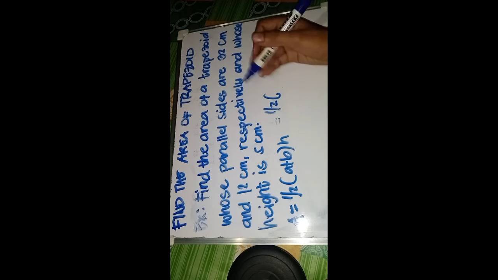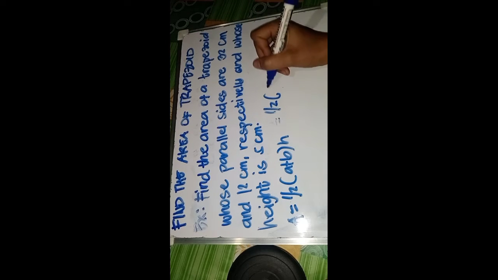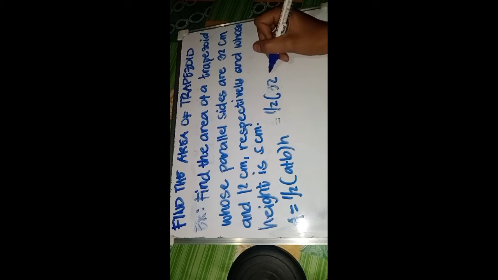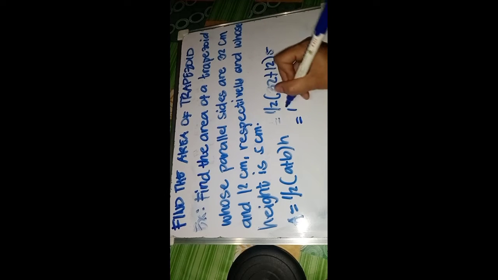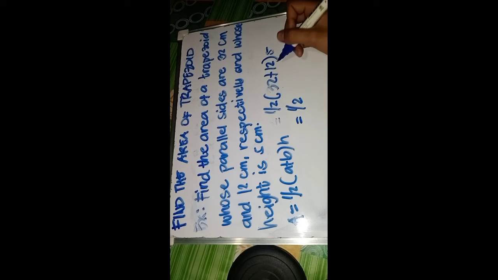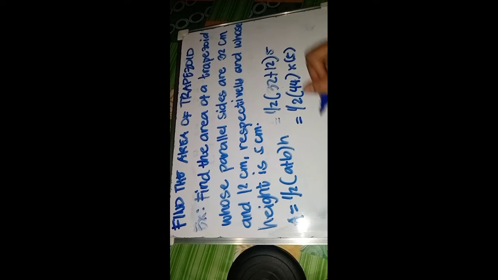So equals 1/2 times (32 cm plus 12 cm) times the height, 5 cm. So equals 1/2 times 44 times 5, that is 110 cm².